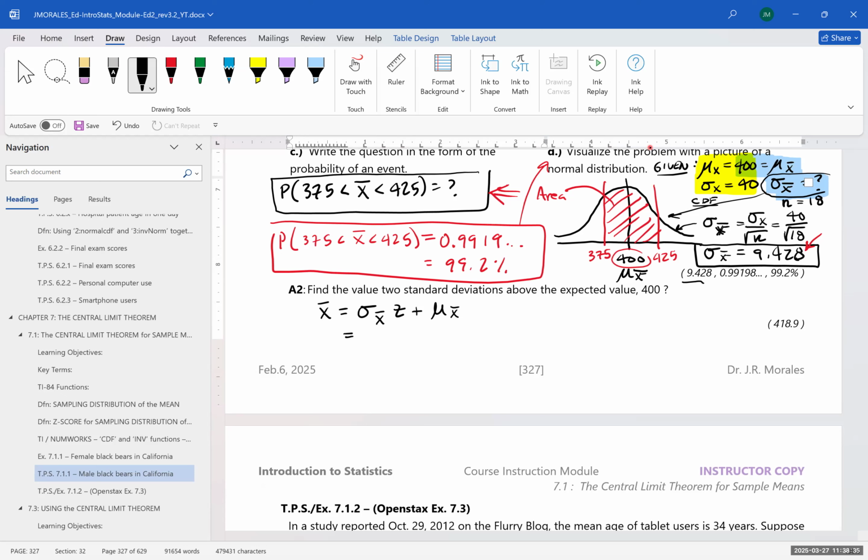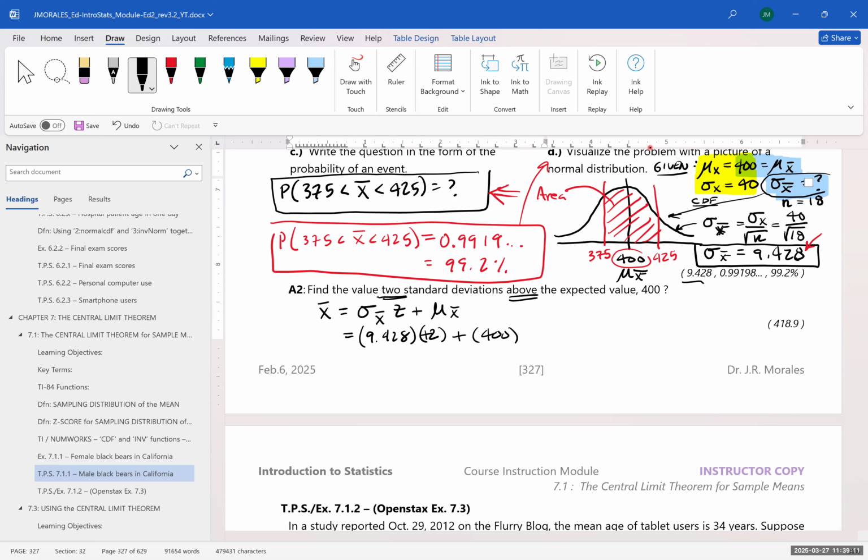The value we just saved came out to 9.428, and that's going to be times z, which is 2, because we're looking for a value 2 standard deviations above the expected value. Because it's above, it's a positive 2. If this had been 2 standard deviations below the expected value, I would have put a negative 2. And this is 400.